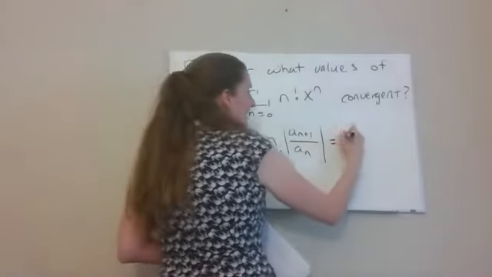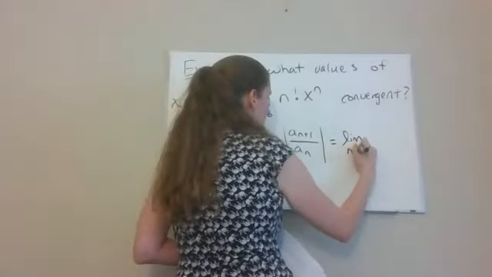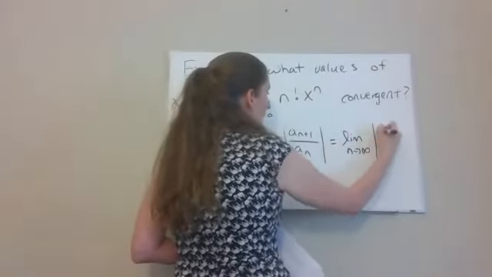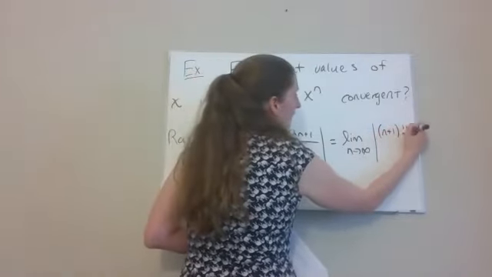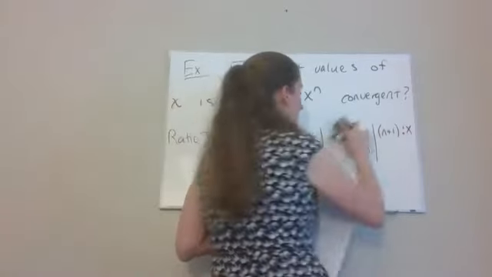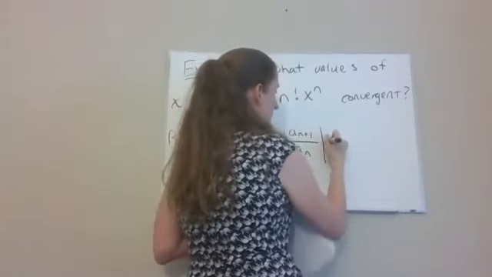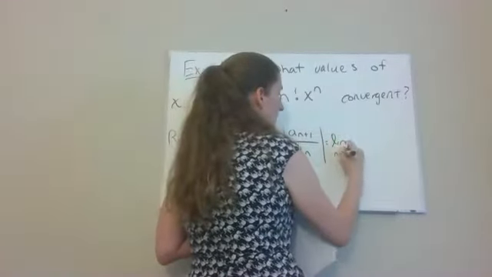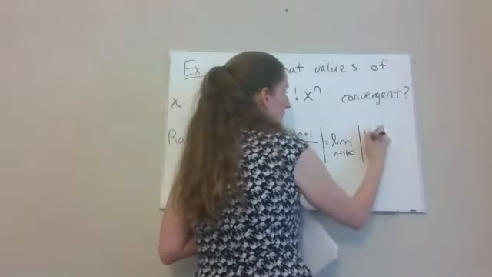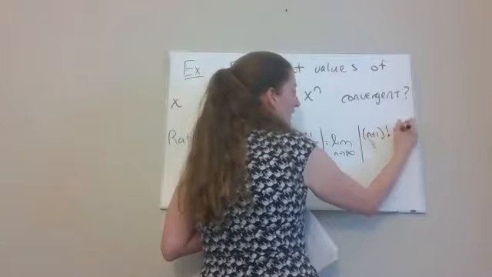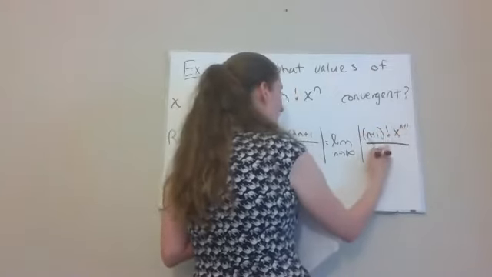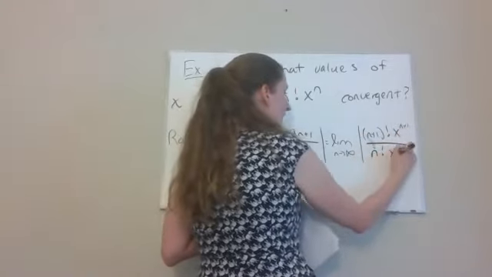And for this particular problem, I have (n plus 1) factorial, x to the n plus 1, divided by n factorial, x to the n.